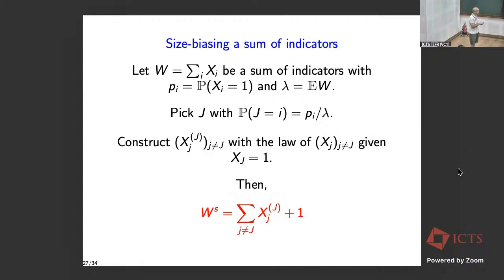Okay? So these have a conditional distribution, given the one you've picked has been set to 1. And that's your size bias. That's a calculation. You can prove that this construction gives you the size bias distribution of W. The +1 here, so this is the sum over all the ones you've adjusted, and that's the one you've picked and set to 1. Okay, that's the +1 here.